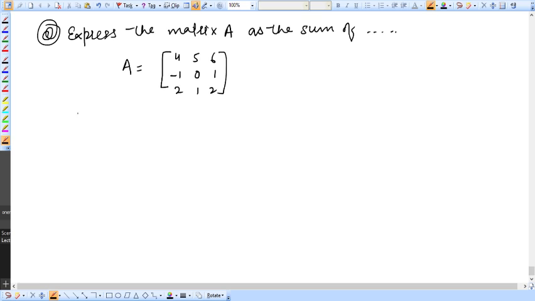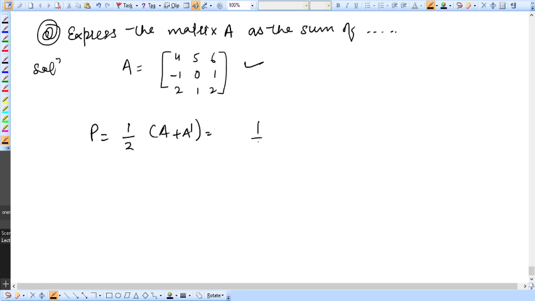So as we know how to express A as the sum of two matrices. Solution. Here you see A is equal to this. Now find P. P is equal to half of A plus A transpose.